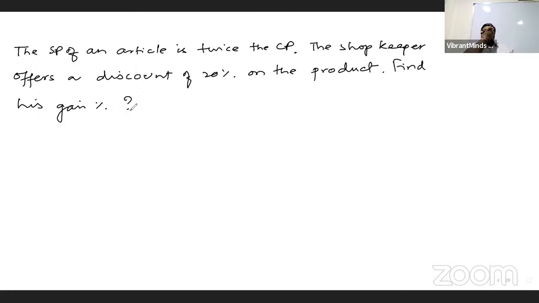Now, selling price of an article is twice the cost price. Let's assume the cost price as 100. So what is the selling price? 200. But again, we are giving a discount of 20%. 20% discount means how much? We are offering a discount on the selling price, and that is a discount of 40 rupees.